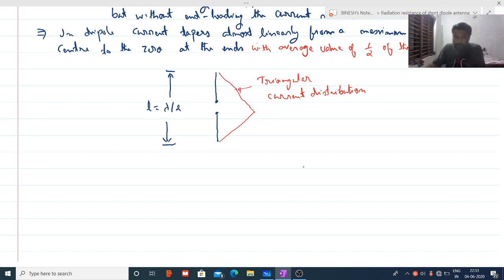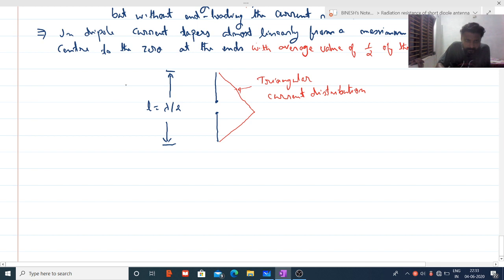We have calculated the equation for the radiated power: W is equal to root of mu naught by epsilon naught, beta I_m L, whole square, divided by 12 pi. That is the power radiated by the antenna. Just now we have calculated that equation, so we can modify that one. That is the modified power radiated.